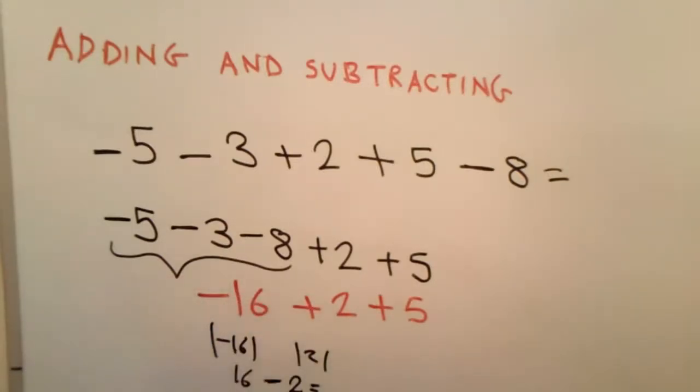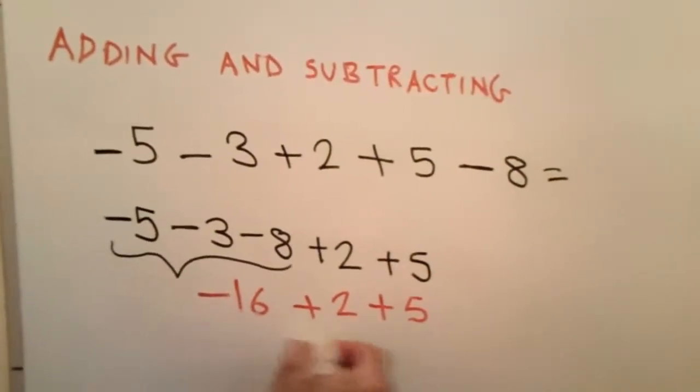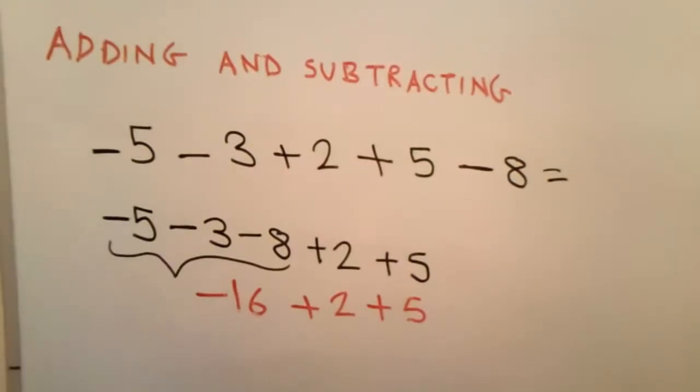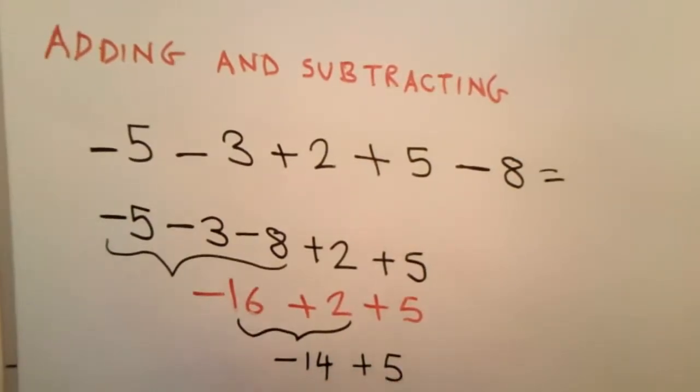And we keep the sign of the bigger, which was negative. This was explained in the previous example, so if you're still unsure, you can have a look back. So this bit evaluates to negative 14 plus 5.